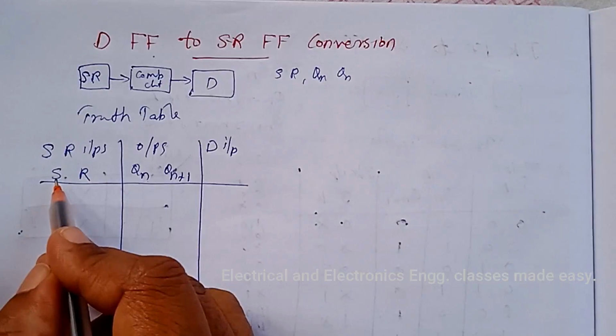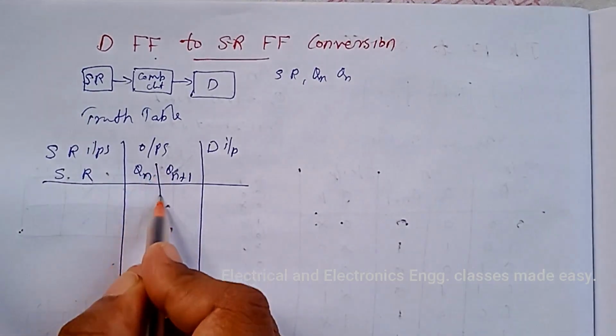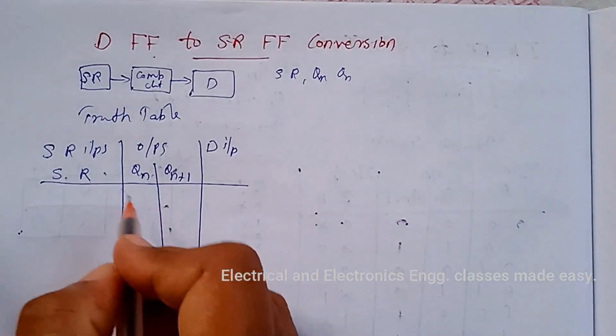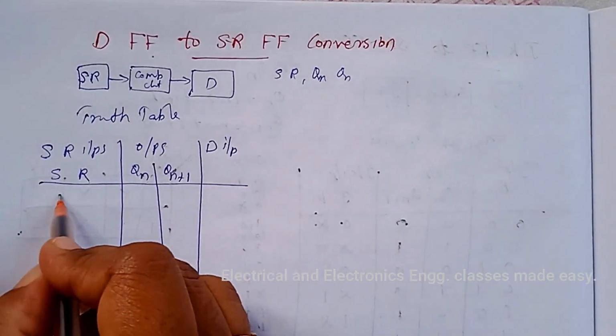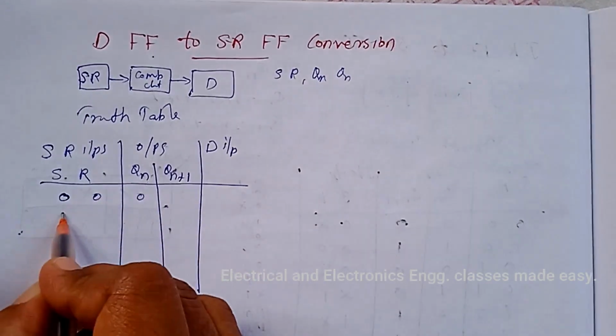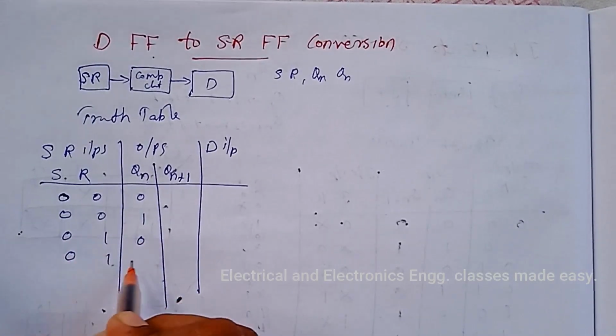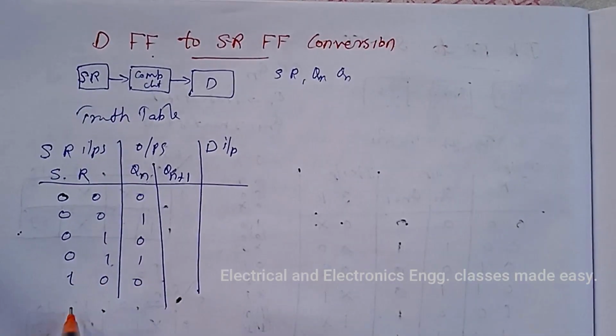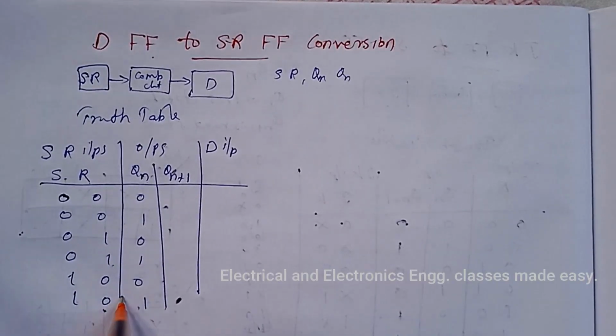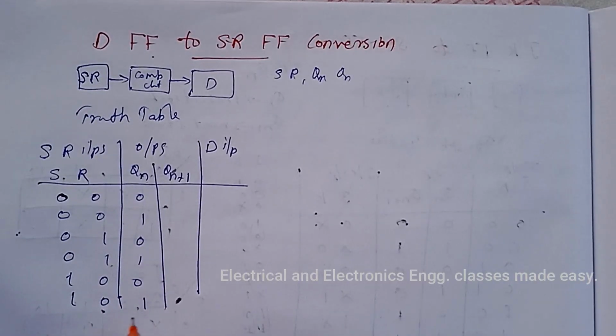And while considering SR and Qn, there will be 8 possible combinations: 0 0 0, 0 0 1, 0 1 0, 0 1 1, 1 0 0, 1 0 1. Next is 1 1 0 and 1 1 1.